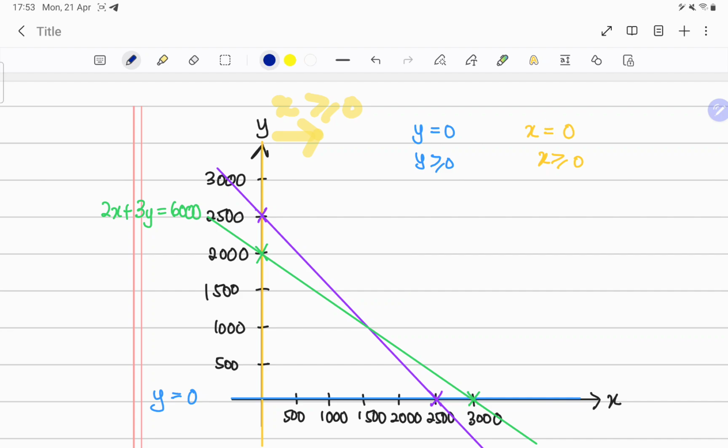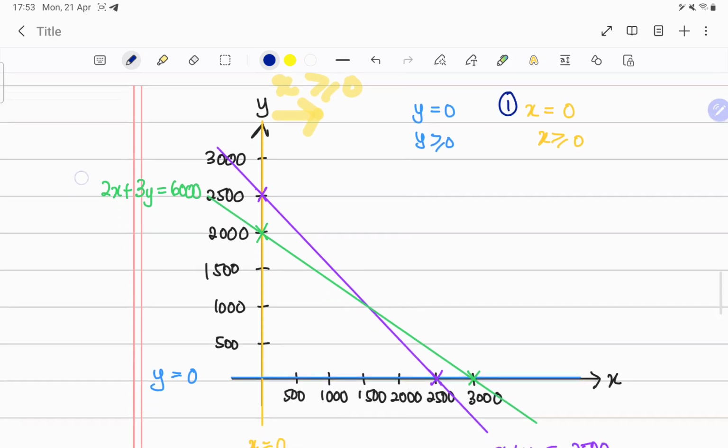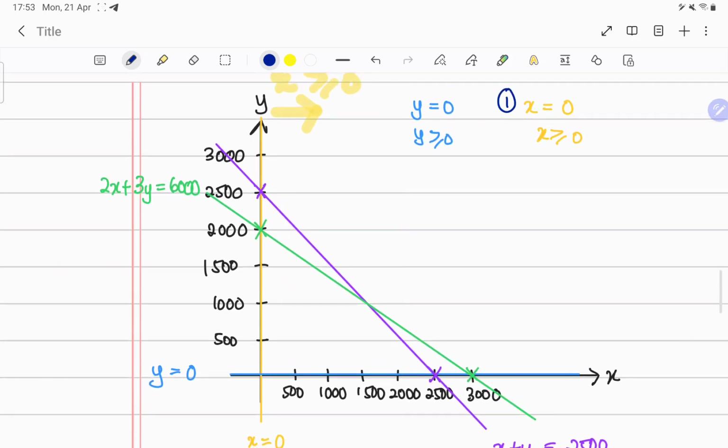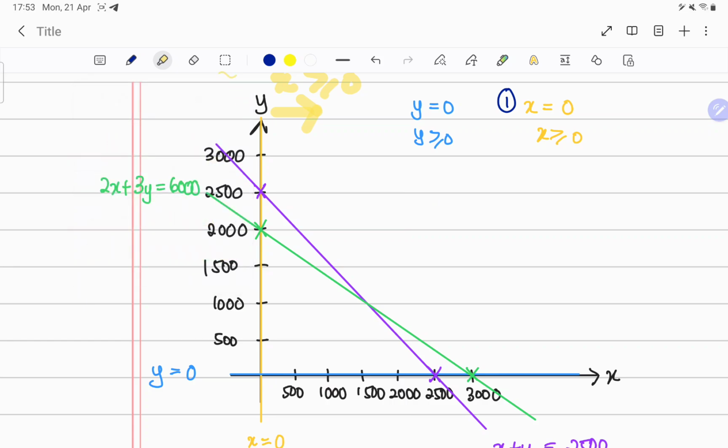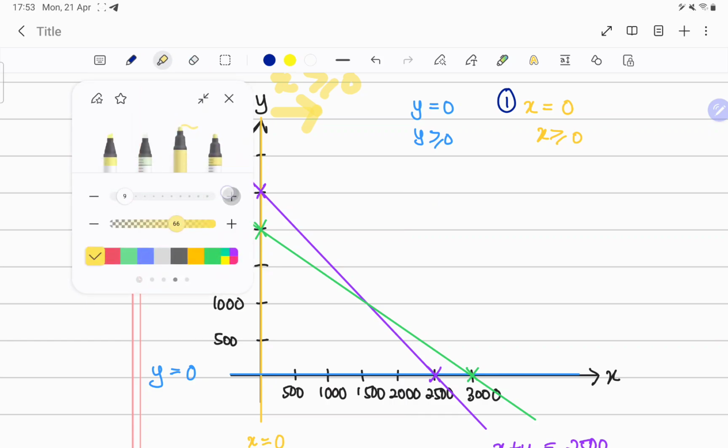So this is your x equal to 0, the first equation, right? So you mark 1 inside all of the region that is positive, which is supposed to be like this. If you do the shading, it is supposed to be like this.